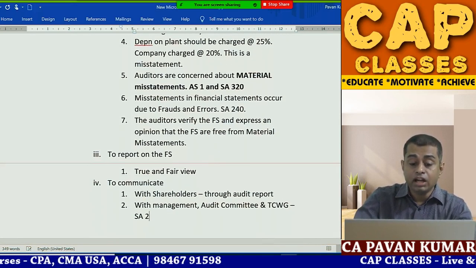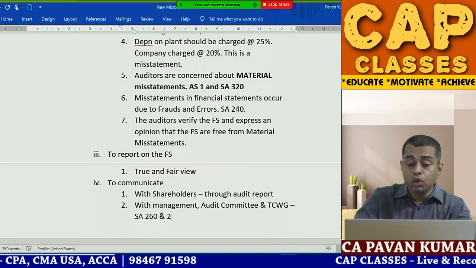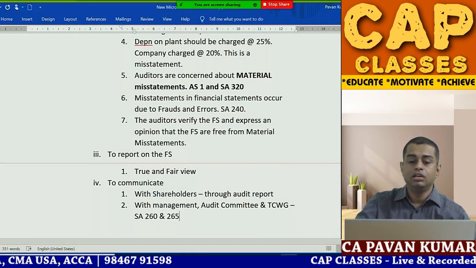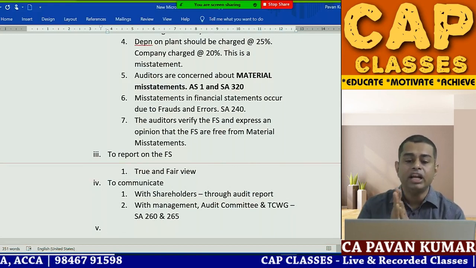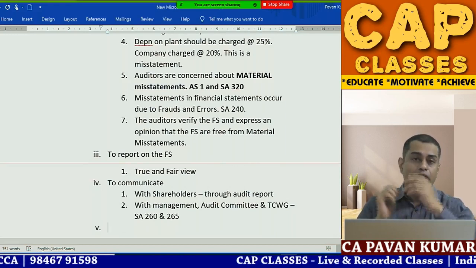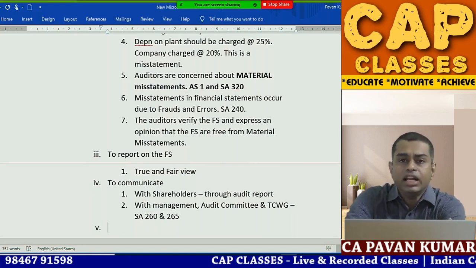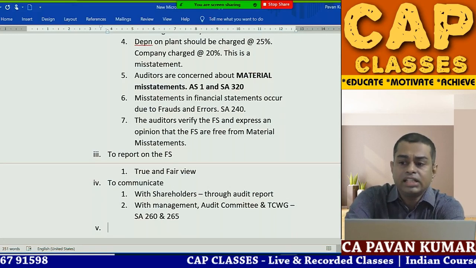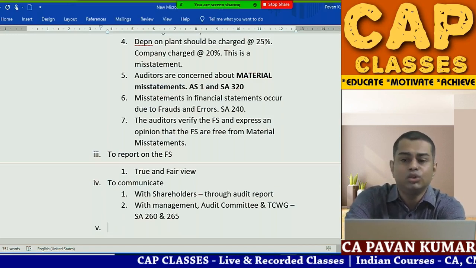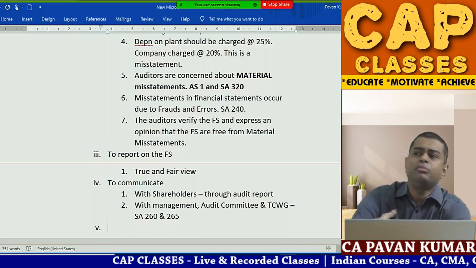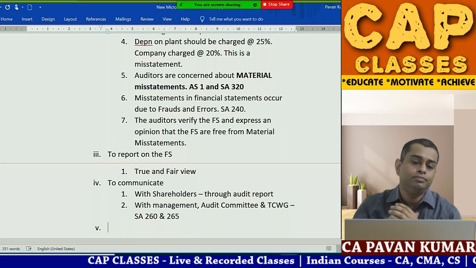So SCA 260 and 265. There are 2 standards which deal with the auditor's communication with management and those charged with governance. 260 and 265. Okay, they are not in the syllabus now. In the latest RTP, if you see the exclusions, they removed the auditor's communication with those charged with governance. So it is not required, but I am telling you for knowledge's sake.